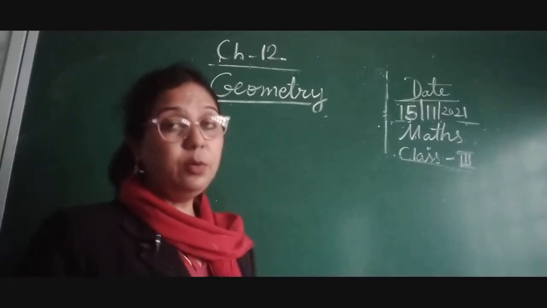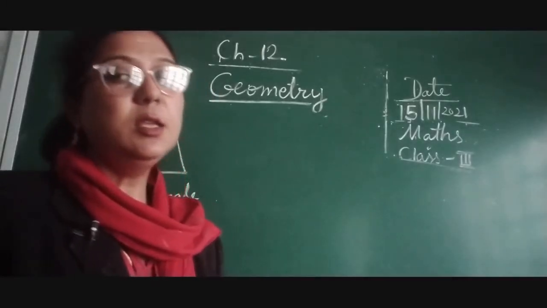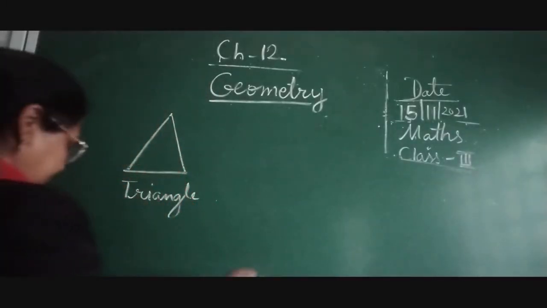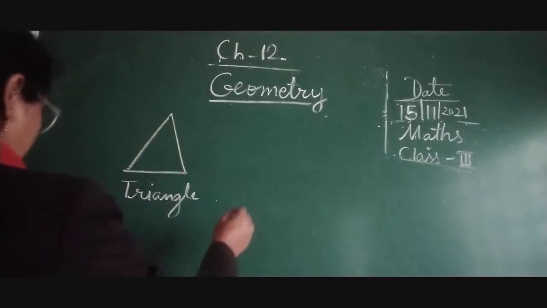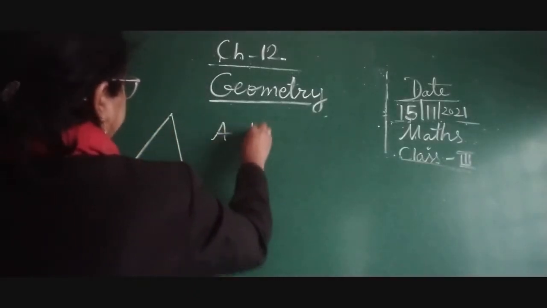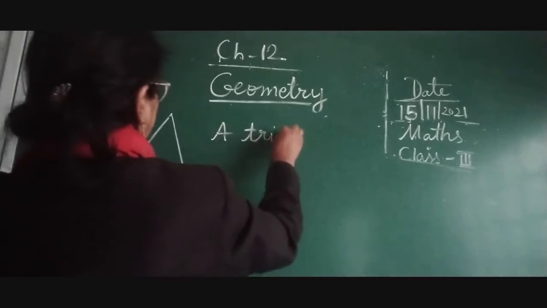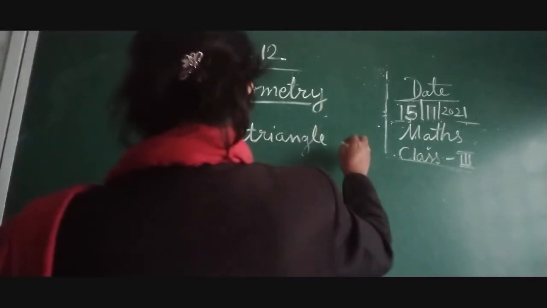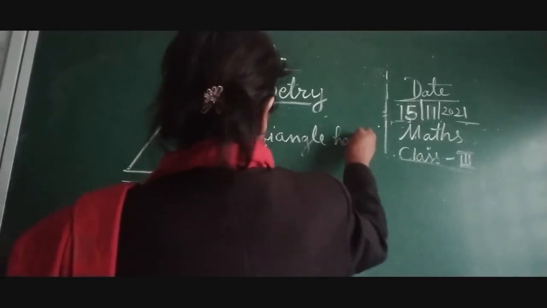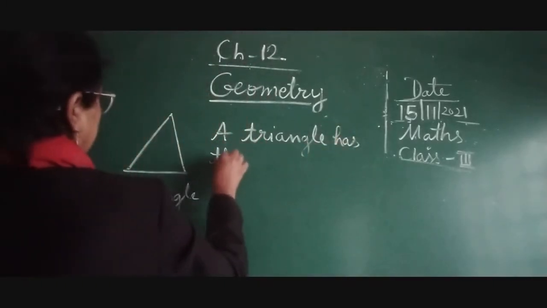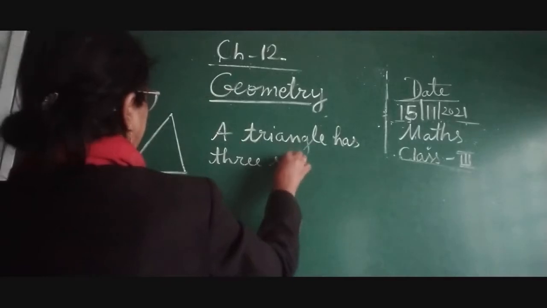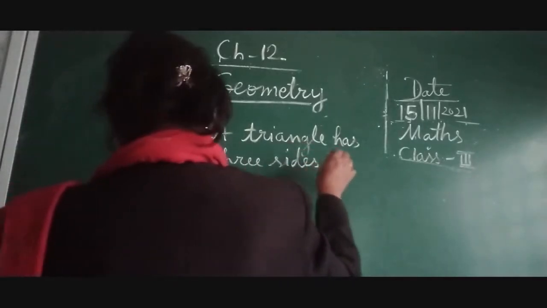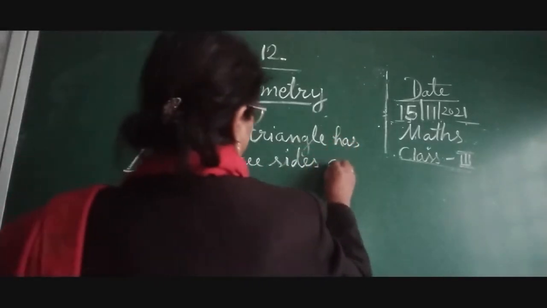Here the figure represents a triangle. A triangle has 3 sides and 3 vertices.